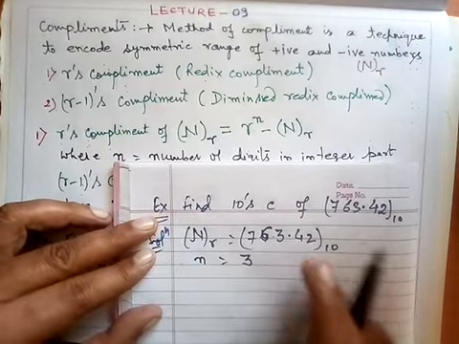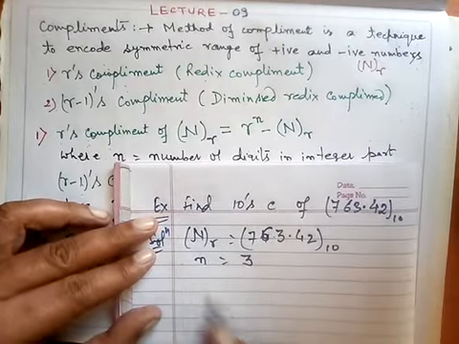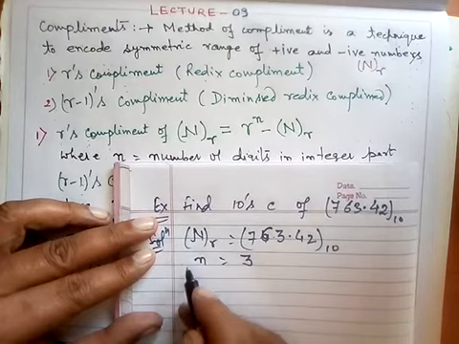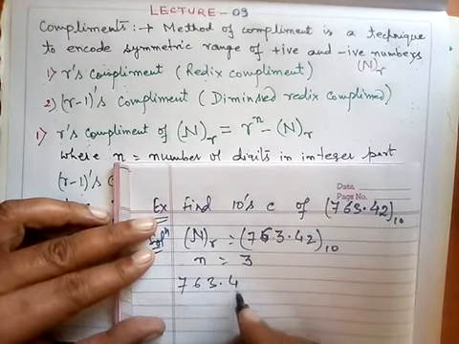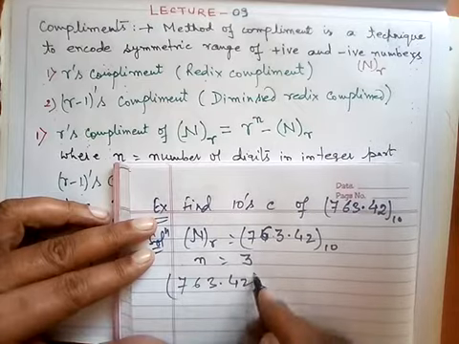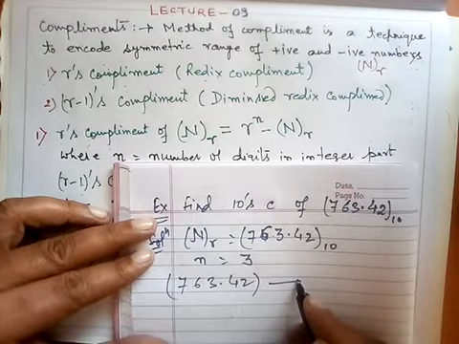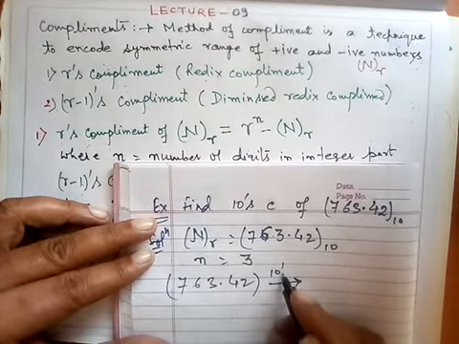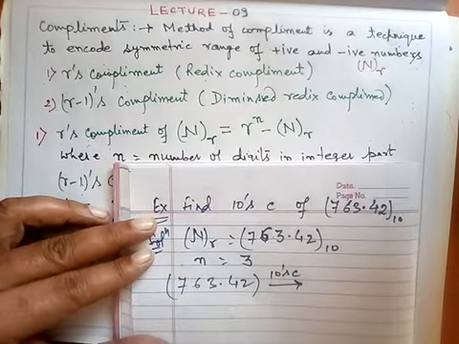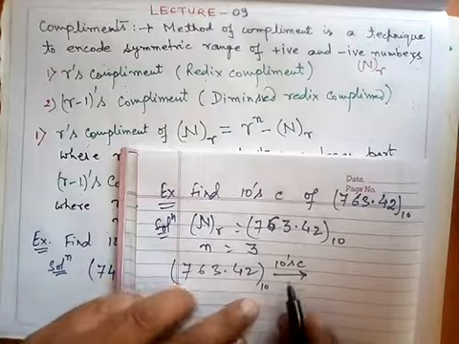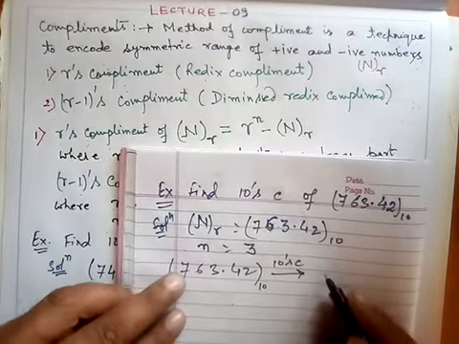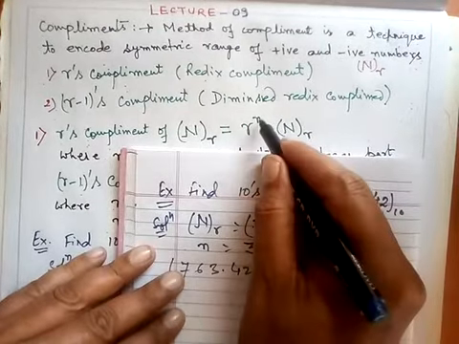Now the tens complement of this number is asked. So I'll find the tens complement of 763.42. I am writing 10C. 10C means tens complement of this. Tens complement is the r's complement. So the tens complement of this will be r to the power n minus the number.